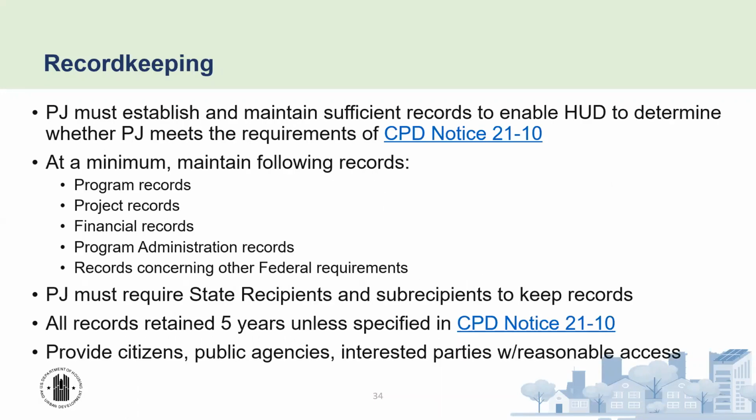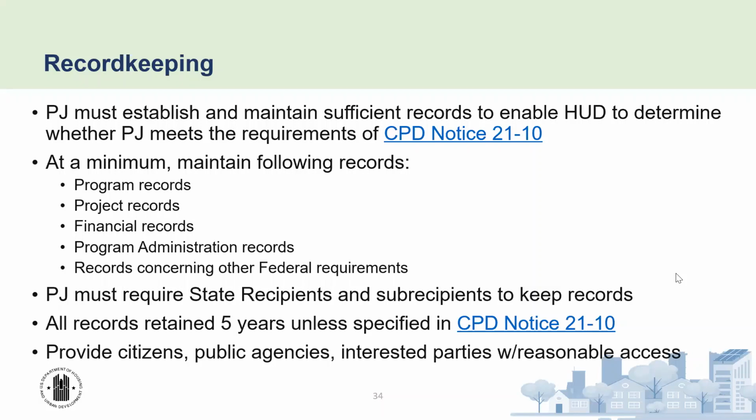Okay, let's talk for a few minutes about the HOME-ARP record-keeping requirements. There's plenty of detail in CPD Notice 2110 about the specific record-keeping requirements for HOME-ARP. But at a high level, the PJ must establish and maintain sufficient records to enable HUD to determine whether the PJ meets the requirements of the notice.